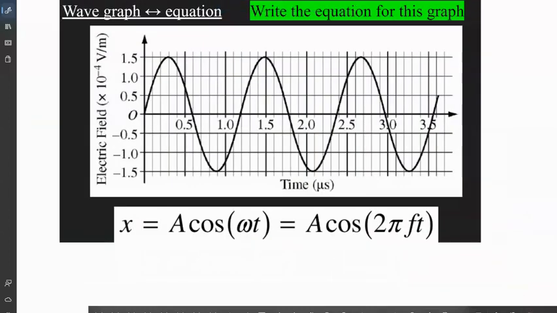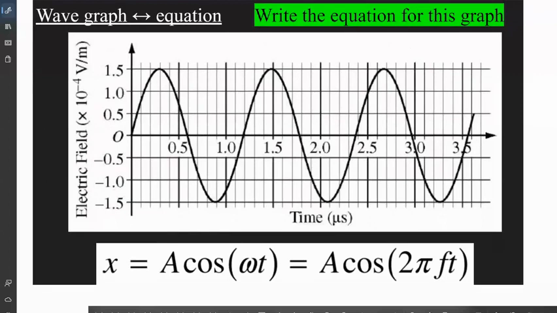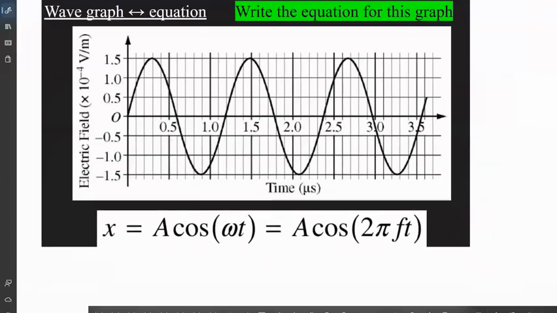So on this, we have our graph. We have A cosine 2 pi f t. Remember that our frequency is equal to 1 over period. So if we want the frequency, all we have to do is just determine our period. Well, it starts here at 0, and then the next time it passes through, oh, you might think it's 0.6, but that's not quite true, because this is on its way up, that's on its way down.